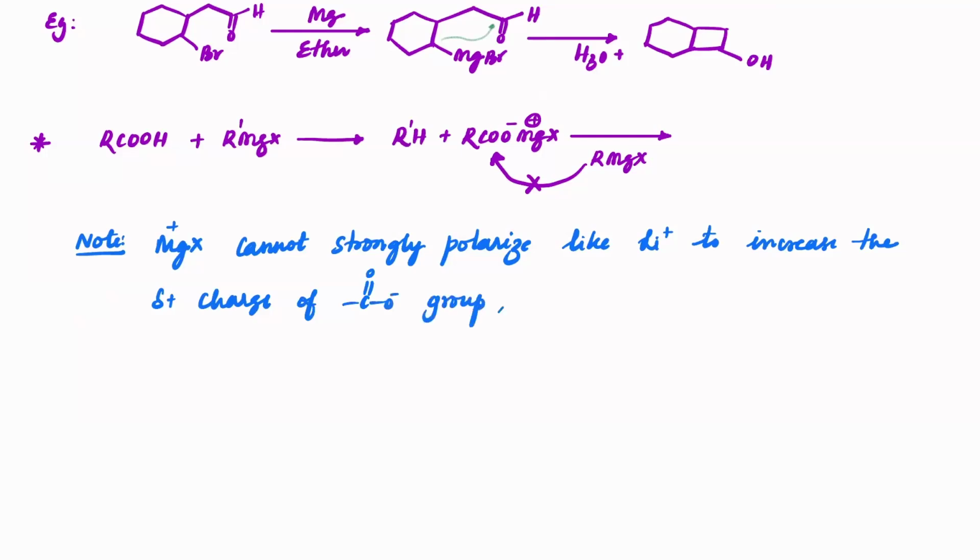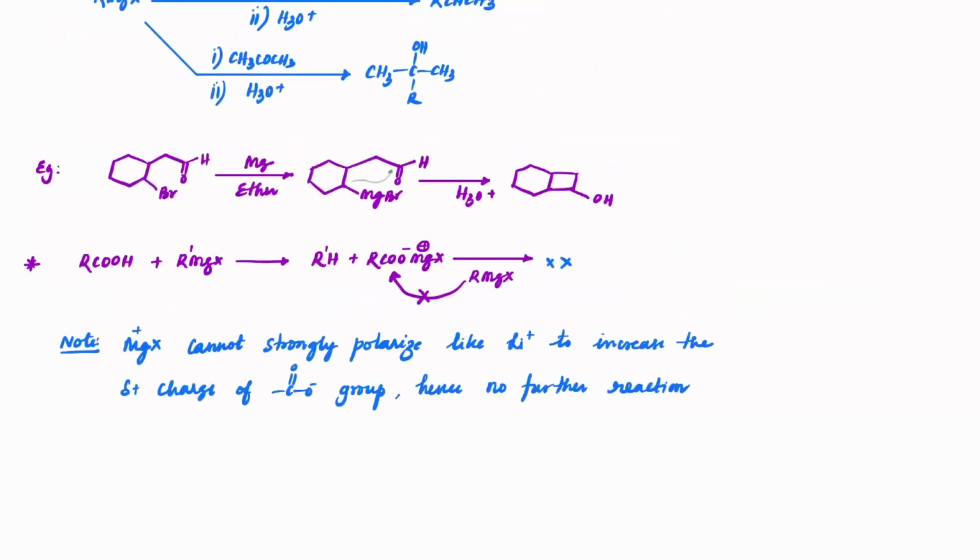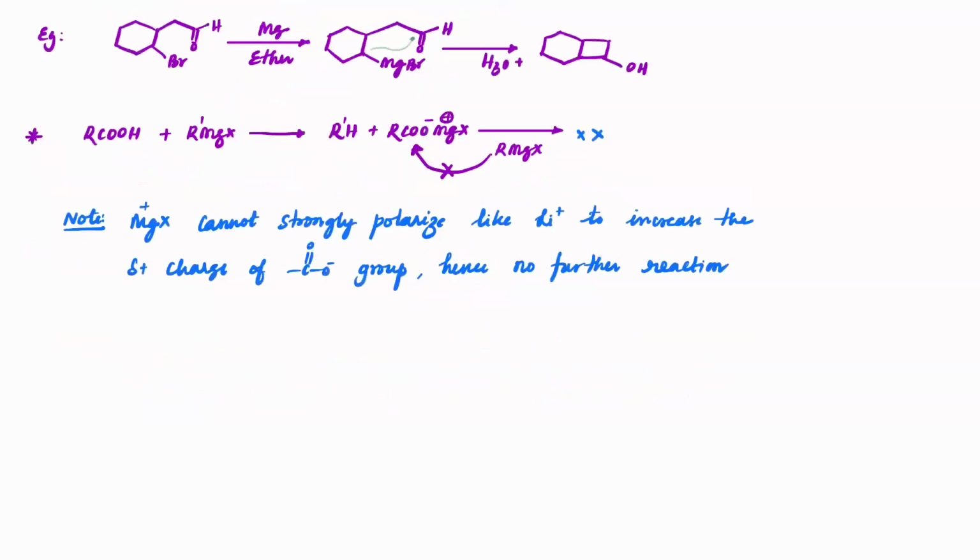Hence, no further reaction will take place. So Grignard's reagent will only stop at the acid-base reaction if you are reacting with carboxylic acids.